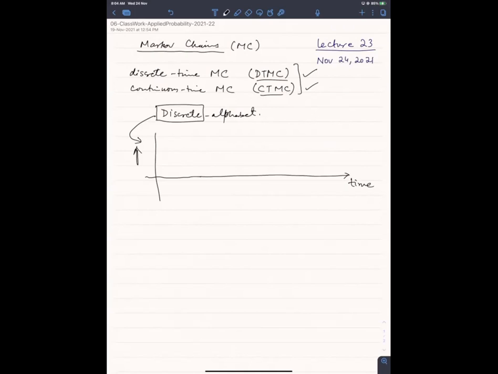Now recall what was the random process? The random process was that you have to look at it at a specific instant of time. If you look at this time, what you are going to look at is a random variable here. What about here? If you look at this instant of time, you will see another random variable drawn from the same experiment.